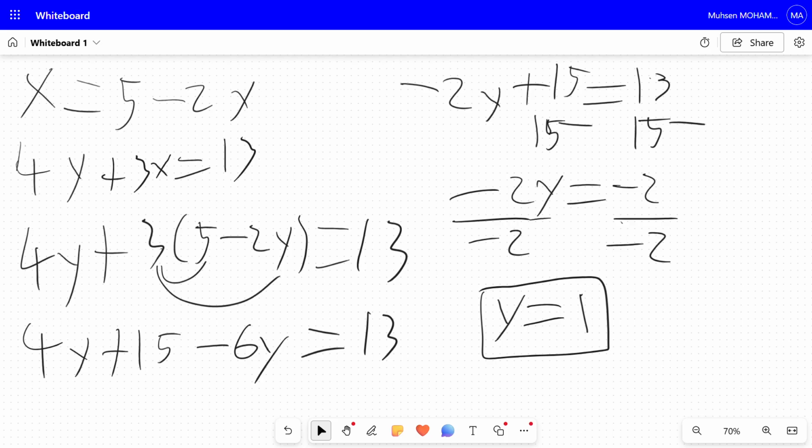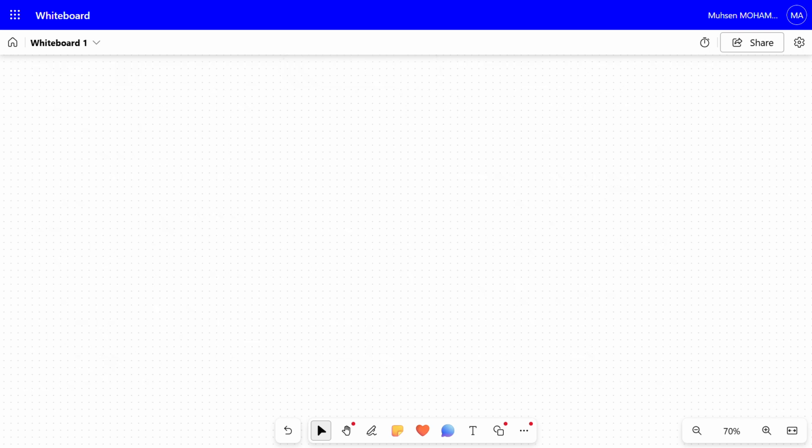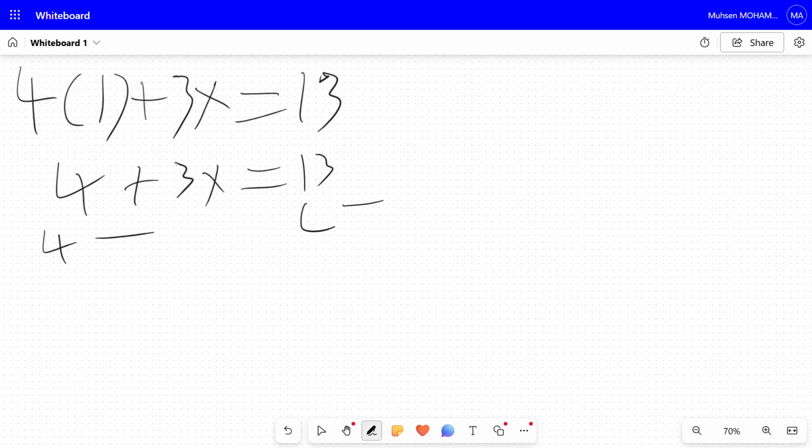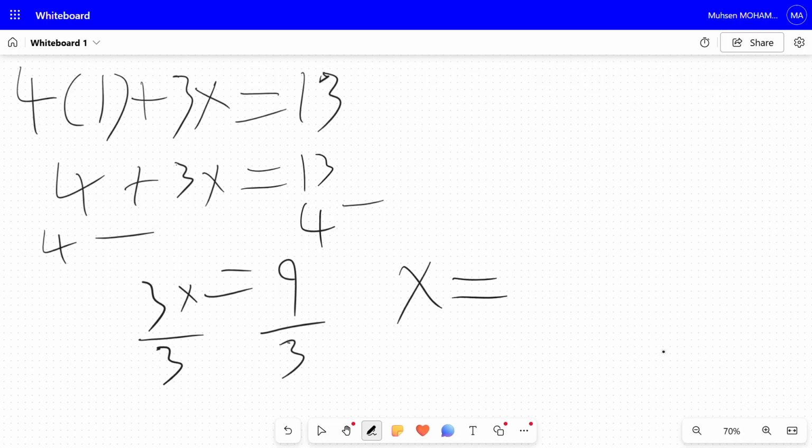So for example, I will have the equation, I can plug it in and have 4 times 1 plus 3x is equal to 13, which is the same equation but with y plugged in, which will give me 4 plus 3x equals 13, which then I can just solve normally by subtracting 4 on both sides, giving me 3x equal to 9, where then I can divide by 3 on both sides, giving me the answer x is equal to 3.